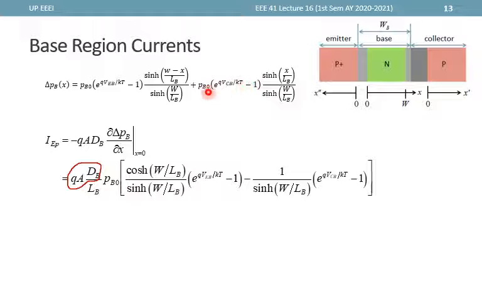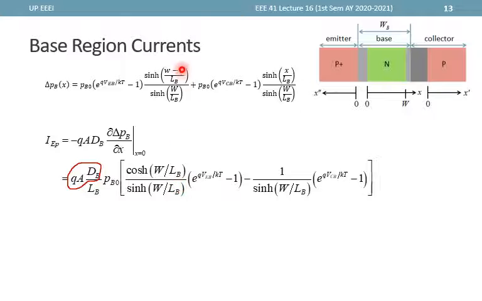This is simply a constant. So we have here PB naught on both sides. This term here is based on e raised to qVEB over kT minus 1. This thing is dependent on e raised to qVCB over kT minus 1. So we also need to differentiate this one. Note that the denominator is not a function of x, so it is just a constant.